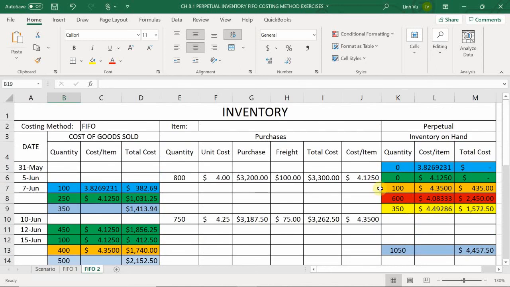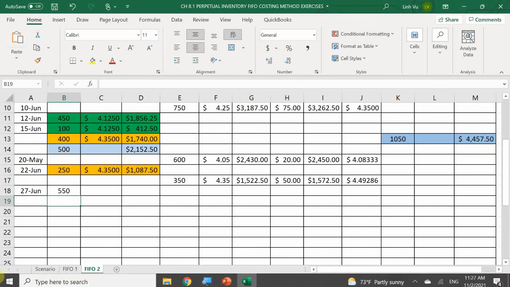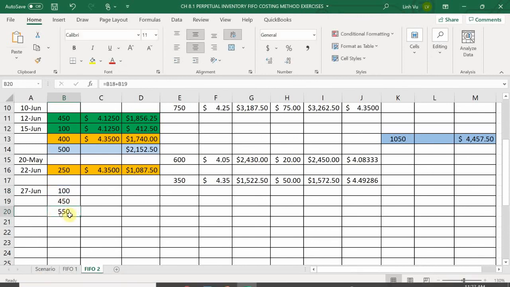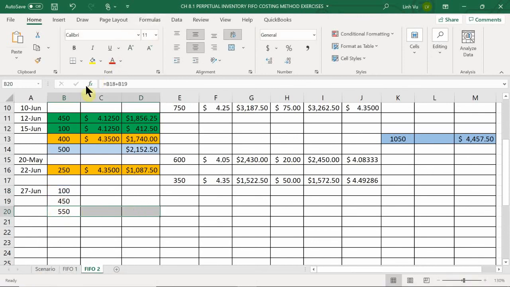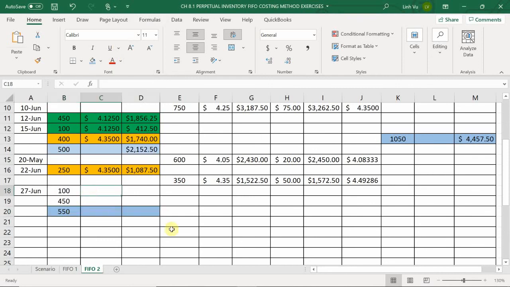Okay. So we're going to take from the orange of 100, and then we're going to take from the red of whatever amount that is. So 100 from orange and 450 from red to give us a total of 550 units sold. Okay.